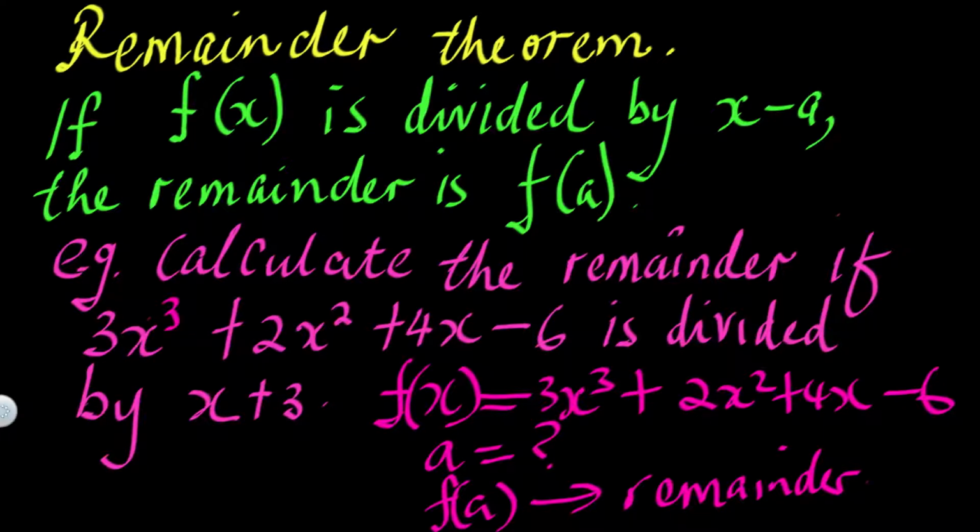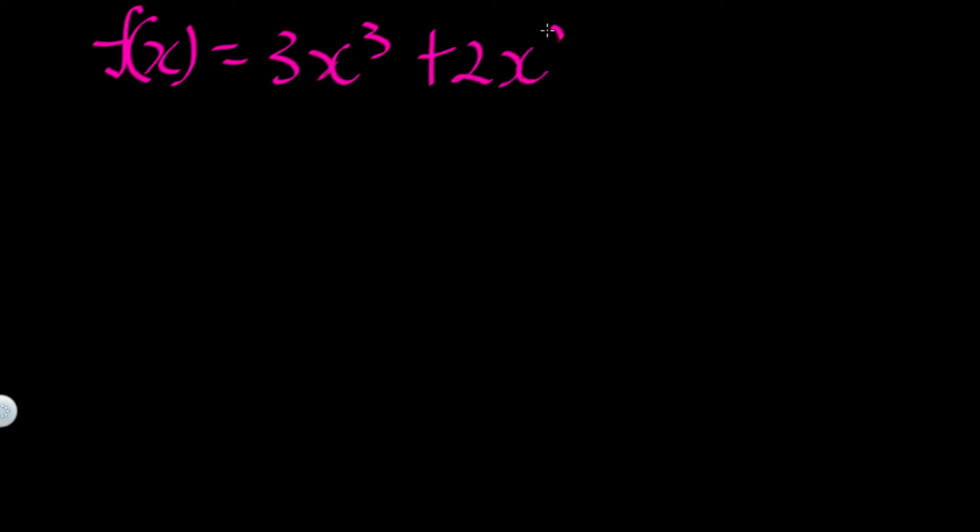So let's do that. f of x is 3x cubed plus 2x squared plus 4x minus 6. This is our f of x.